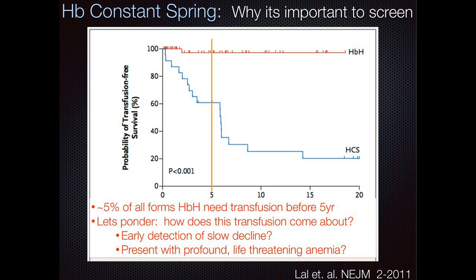So one of the big questions is, how do you know someone needs a transfusion? How does this come about? Well, if you know you have hemoglobin H and people are monitoring for anemia, it's easy to tell. If you don't do that, they often present with a profound, potentially life-threatening anemia.